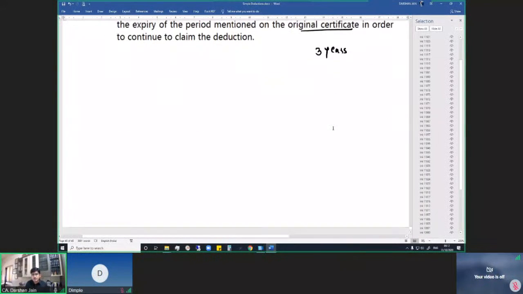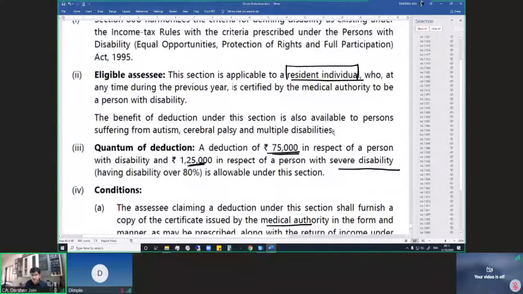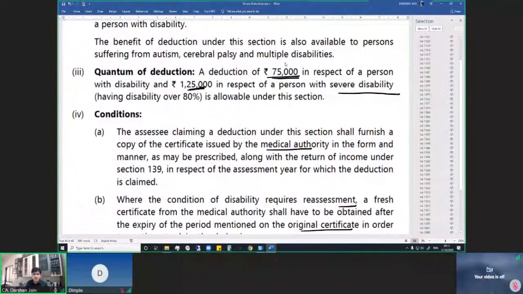So this is 80U, similar to the 80DD section that we saw. The deduction is 75,000 in case of non-severe disability and 1,25,000 in case of a person who is severely disabled. Now this is for the assessee himself. If it is a dependent, you have to go to 80DD. Both sections make the circle complete.